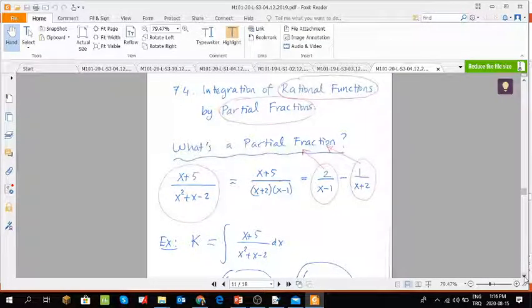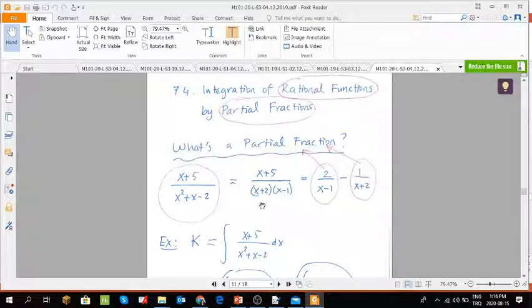These are again lecture notes from fall 2019, integration of rational functions by partial fractions. What's a partial fraction? These are partial fractions, as you will see: 2 over x minus 1, 1 over x plus 2. This is the rational function.